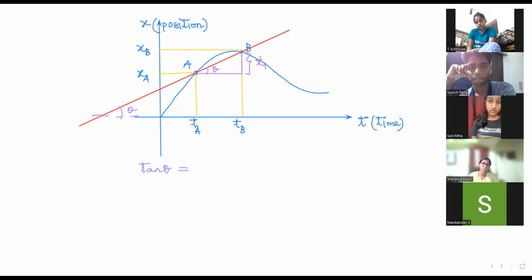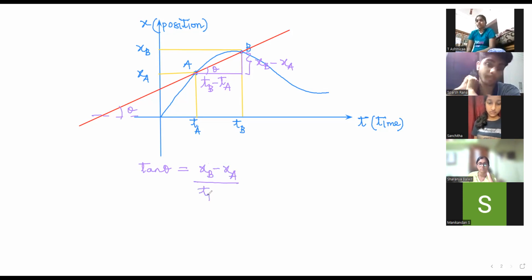This is xb minus xa, and this is tb minus ta. So we have xb minus xa upon tb minus ta as the average velocity between these 2 time intervals, ta and tb. Got it?